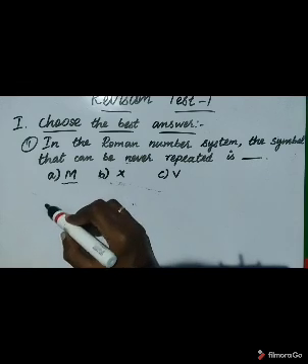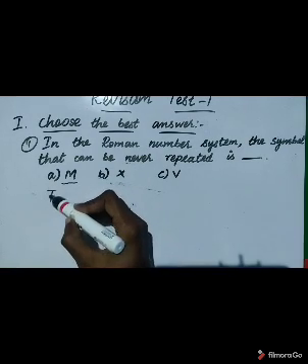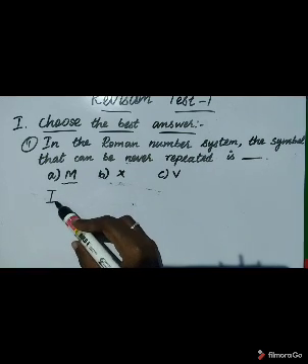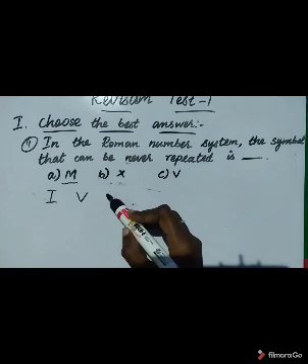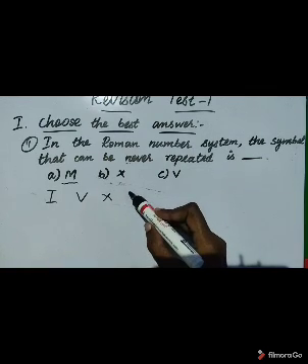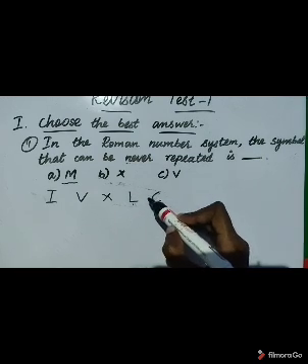So let's just write the 7 symbols of the Roman numeral. That is, first is I, next V, then X is 10, then after 10, L is 50, then 100 is C, then 500 is D, and M is 1000. So let me write.